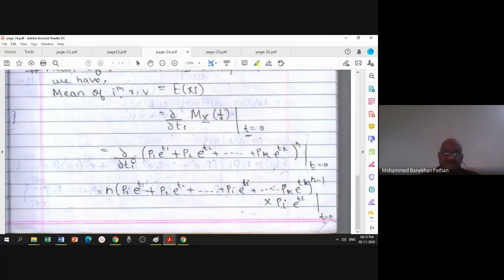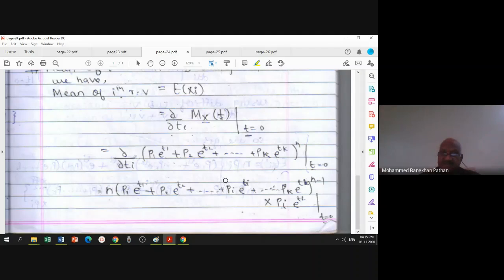Now you are differentiating the ith term. It is a partial differentiation, so only ti is a variable, the rest are constant. So differentiation of this becomes 0, of this becomes 0, of the last becomes 0.